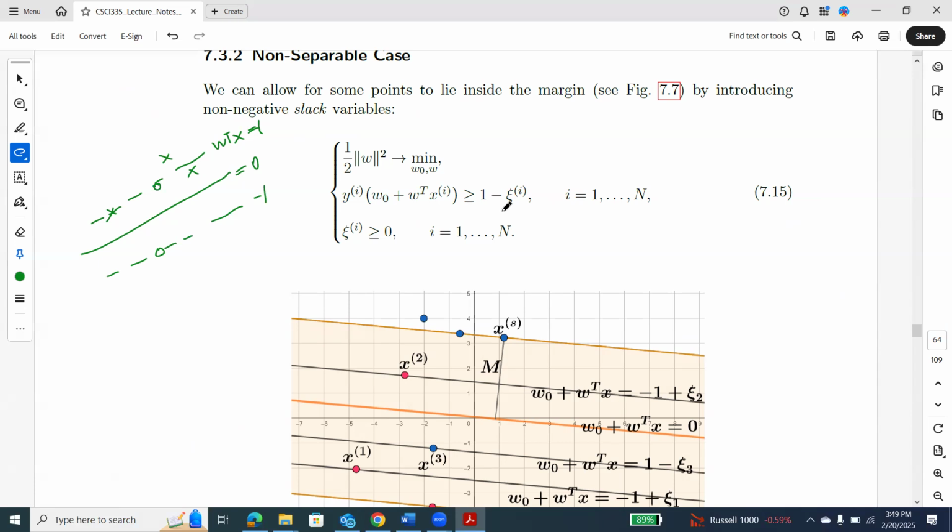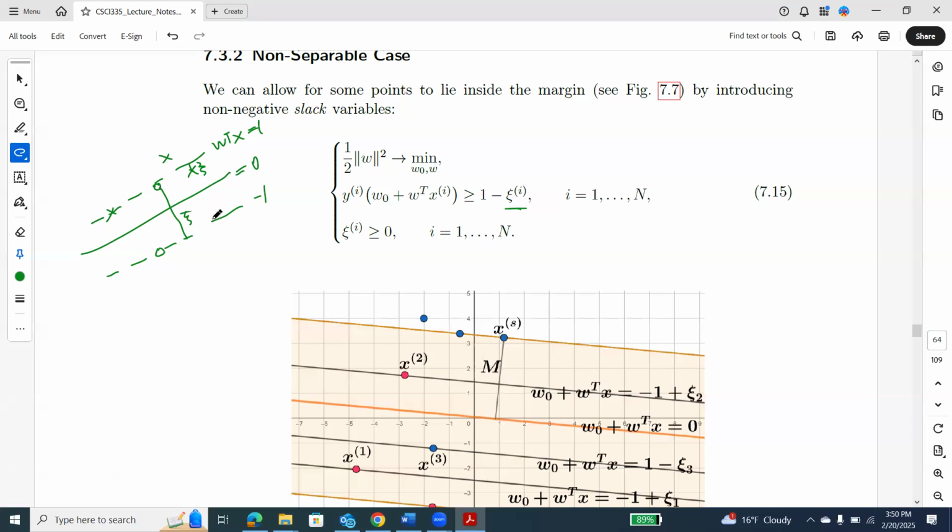So let's denote by xc the distance from our support line. So this will be xc for this point, and for this point, very small.